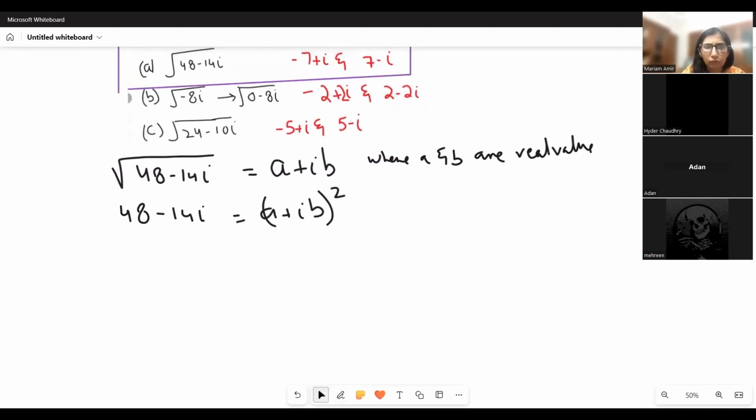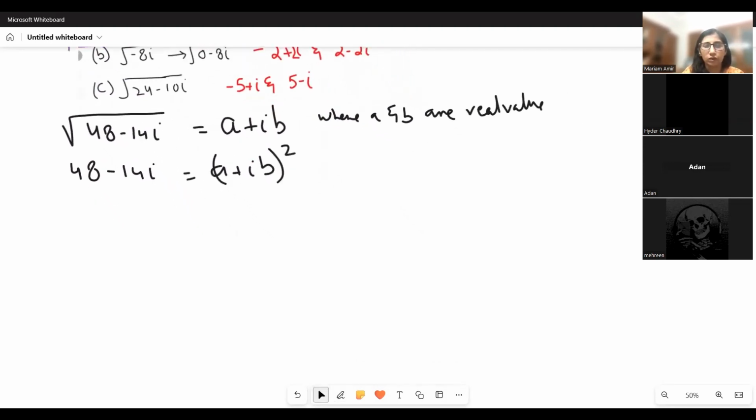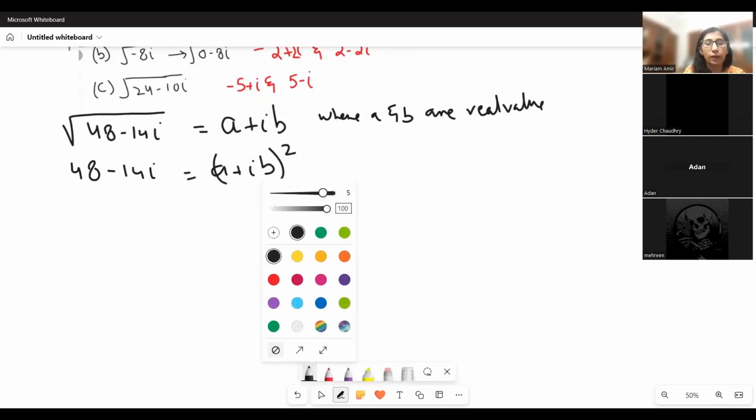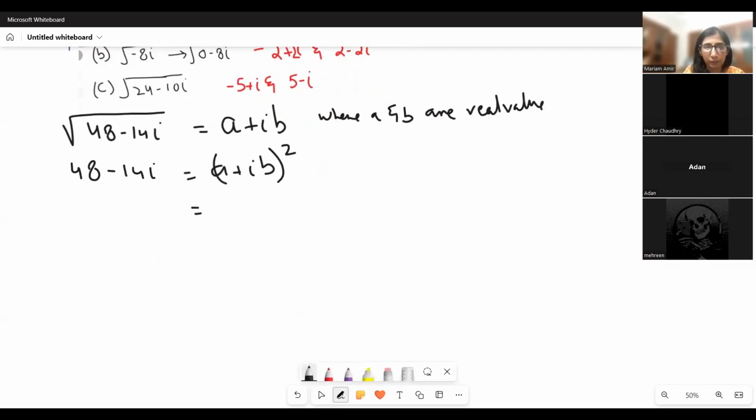A question, 48 minus 14i, yes. Okay. So square the right hand side, we get a square plus 2ab iota plus b square. We have to square iota b whole square, so b square is b square and iota square is minus 1.